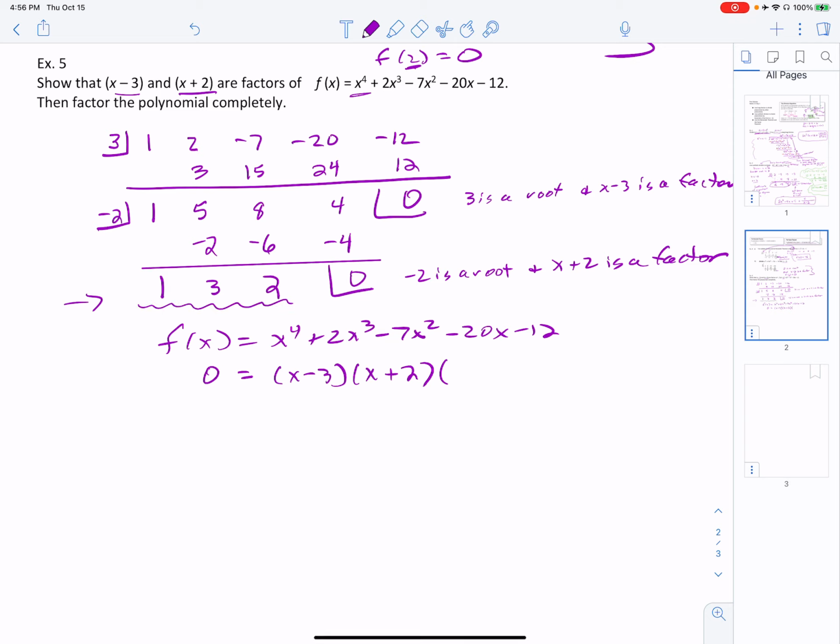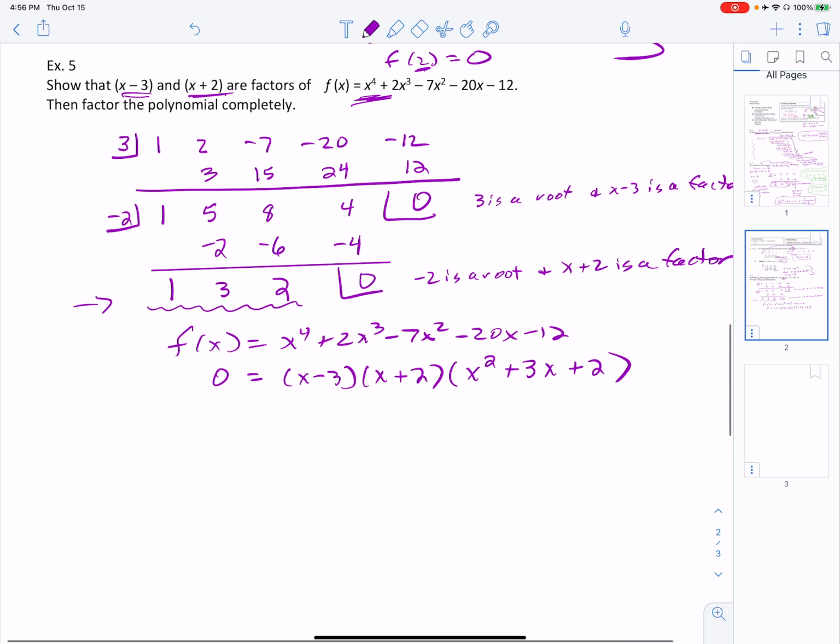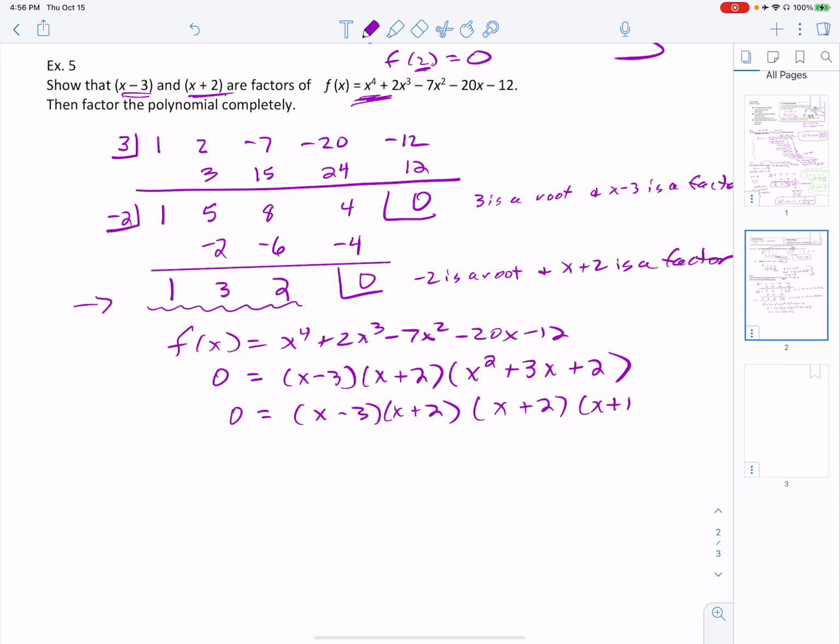Remember, I've divided twice, so that is x squared plus 3x plus 2. But it factors to that. And so by having a polynomial of degree 4, but given 2 factors and using synthetic division, I can get it down to a quadratic, and then we have other ways of figuring out the zeros, the roots of that. And in this case, it actually factors into x plus 2, x plus 1.